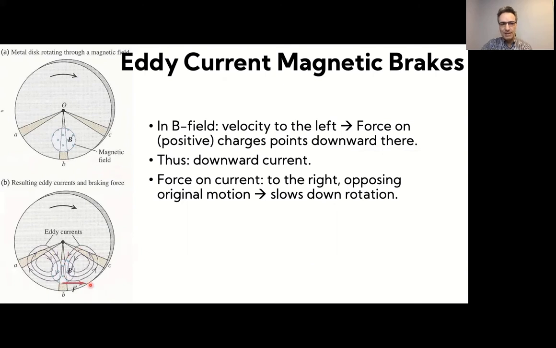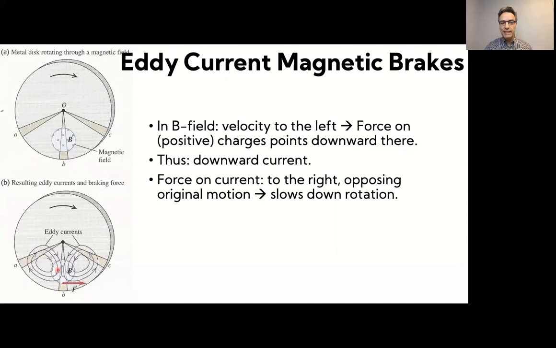That's just the same as before. If you rotate this metal disc in the presence of that magnetic field, the induced field will result in a force that works against your original motion, and so that will slow down the rotation. And so magnetic brakes are very useful.